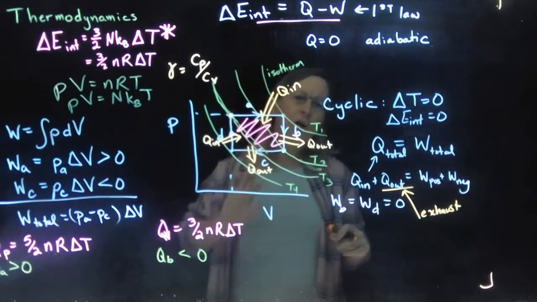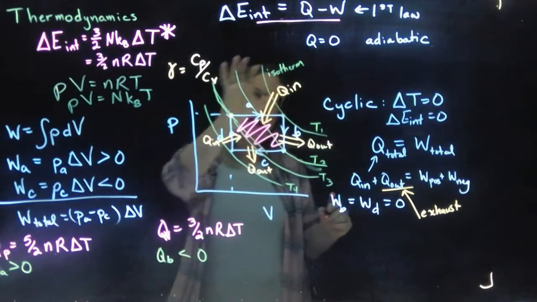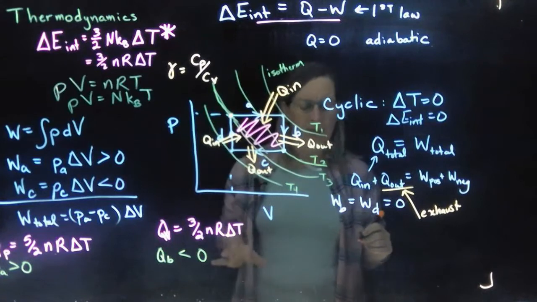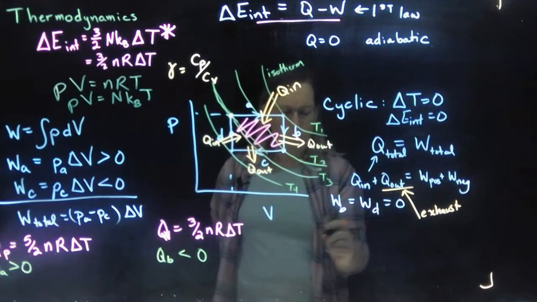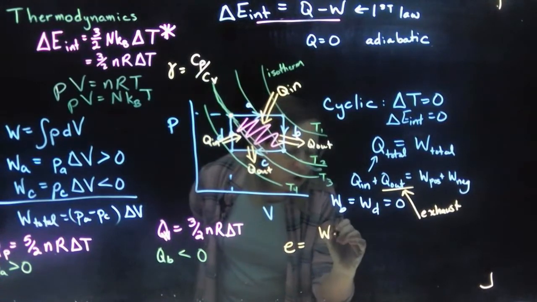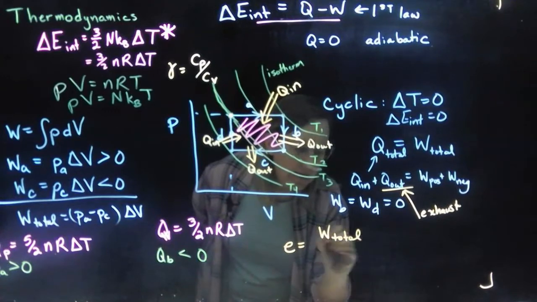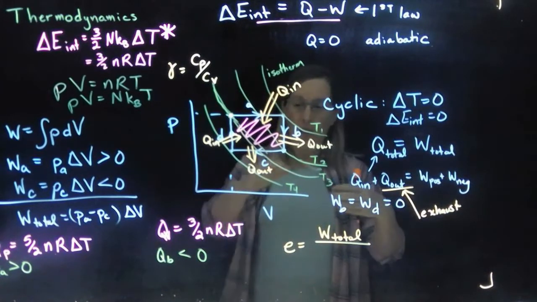And when we talk about the efficiency here, what we're interested in is how good a system is at taking our heat in and turning it into work. So we measure our efficiency as the work total, the work we get out, so the positive taken with the negative.